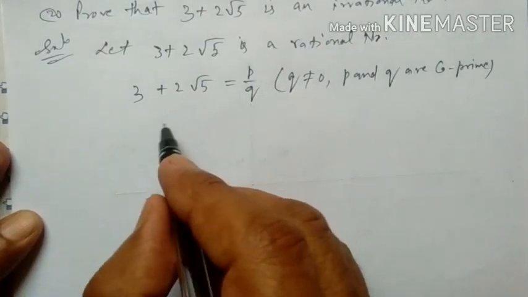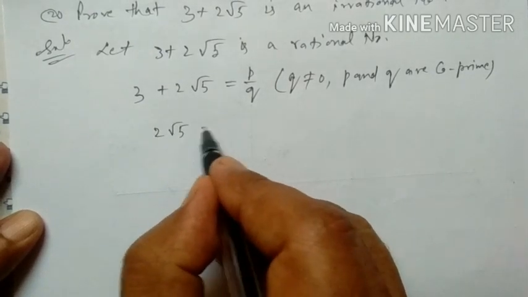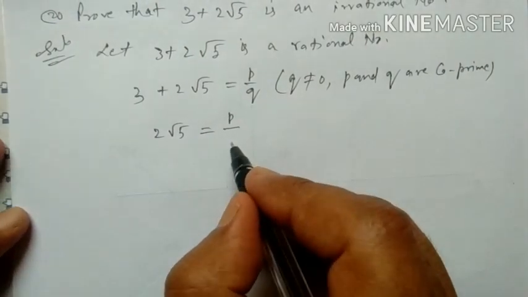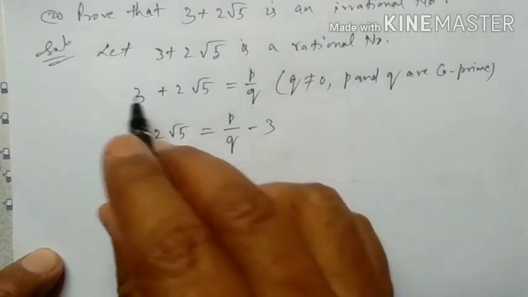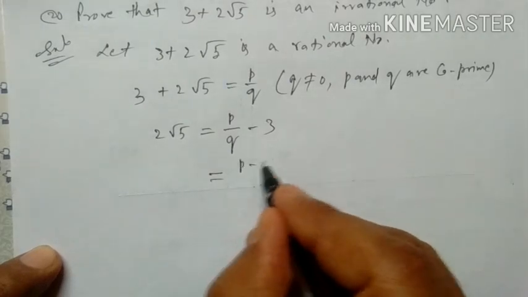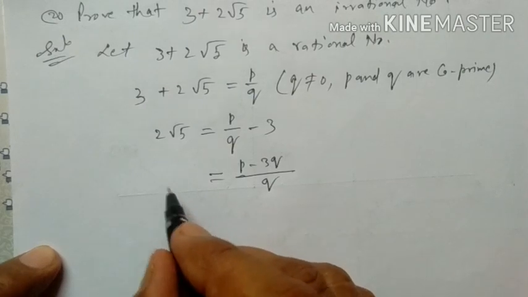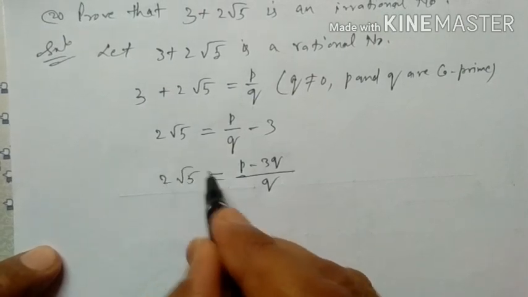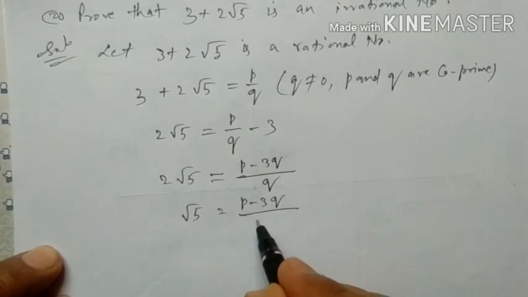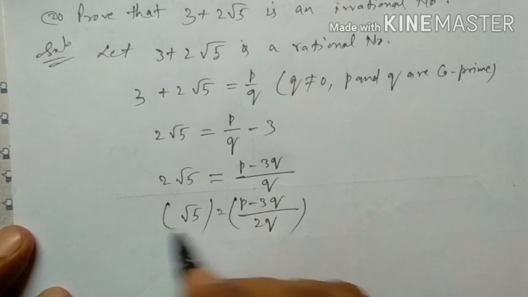We will write 2 root 5 equal to P by Q minus 3. 3 in this side it becomes minus, or this is P minus 3Q by Q, and then this is 2 root 5, and now write root 5 equal to P minus 3Q by 2Q. This is right hand side and this is left hand side.